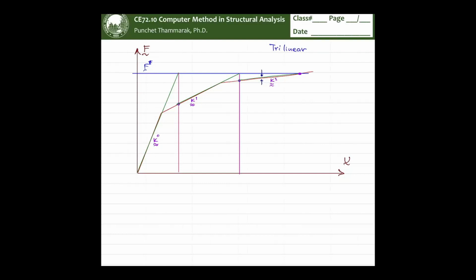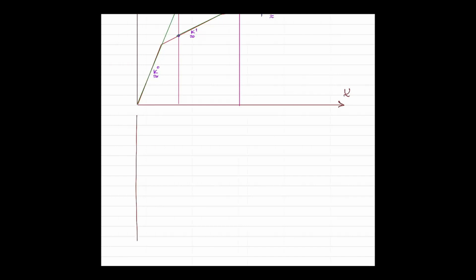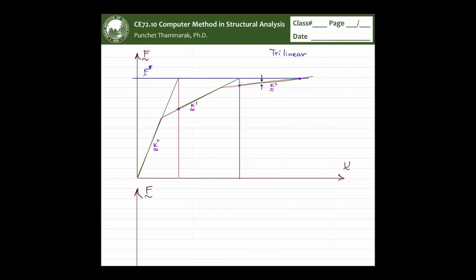Maybe we can also look at a different behavior. The behavior we illustrated previously is mostly softening. Softening, well, the definition is basically you have high stiffness at the beginning, and then as your displacement gets larger and larger, your stiffness decreases with displacement.